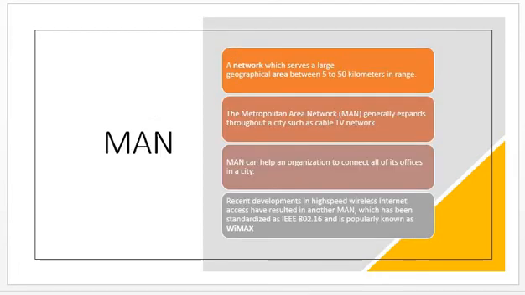The next item that we want to look at is the MAN, Metropolitan Area Network. This is a network which covers a large geographical area compared to a LAN. So it ranges from about 5 kilometers to 50 kilometers in range. So it can include several buildings, several campuses, within a single setup.